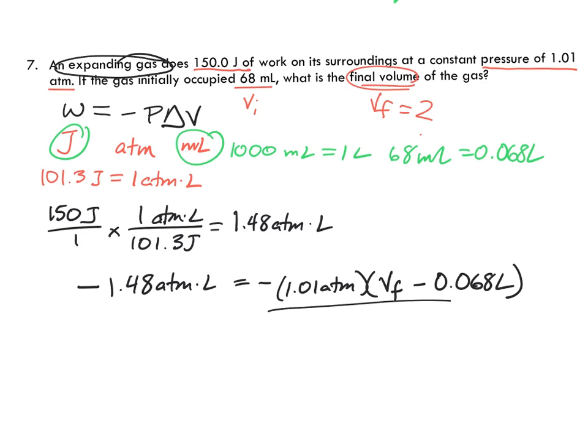We can divide both sides by negative 1.01 atm. The atm will cancel, the negatives will cancel. On this side, that's going to cancel.